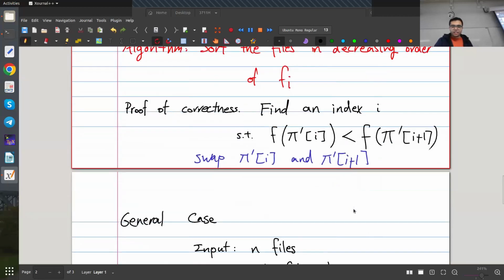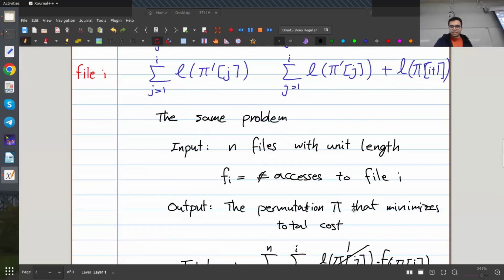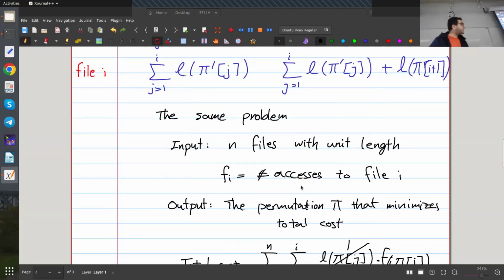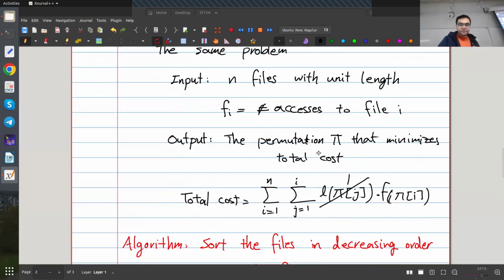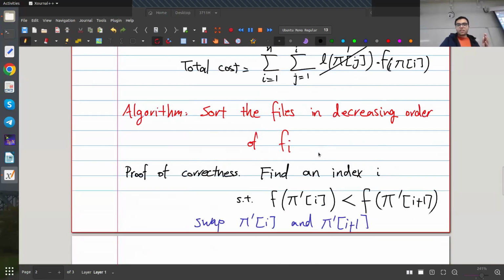But then when it came to these frequencies, when I said that every file is accessed Fi times, but I didn't have different lengths, I said, let's put the files that are accessed more often first. So let's sort not based on Fi, but you can think of this as sorting based on 1 over Fi, right?